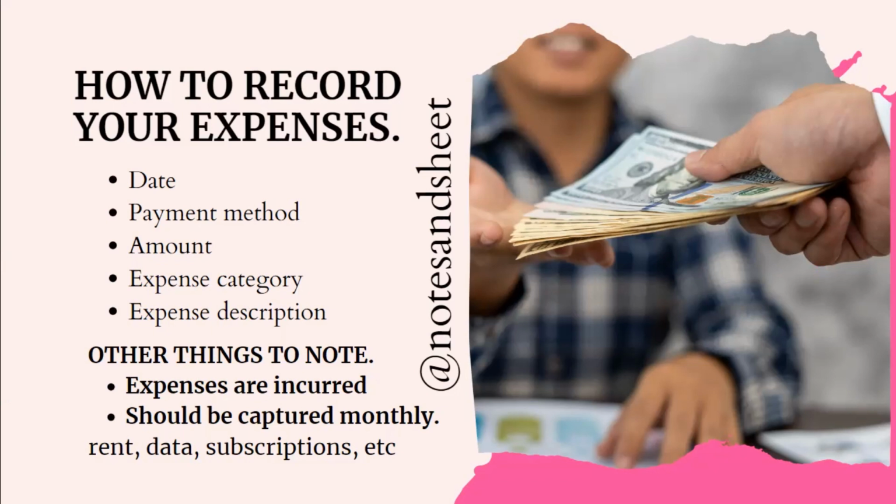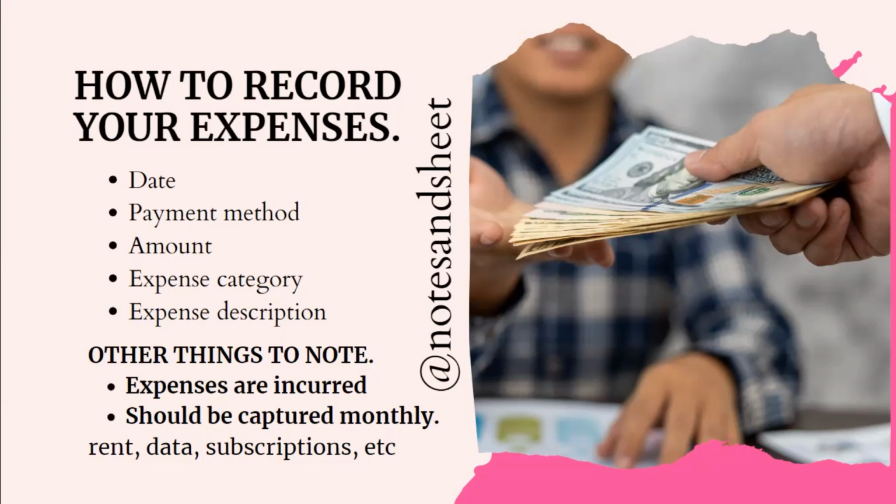Expense category is when you categorize your expenses. So for example, you are putting everything that has to do with staff under staff salary and healthcare. You're putting everything that has to do with transportation under the transportation category. You're putting everything that has to do with data, internet, or your subscriptions.